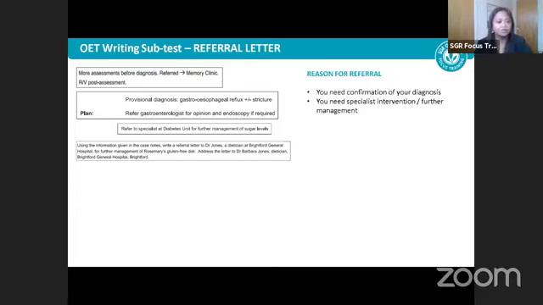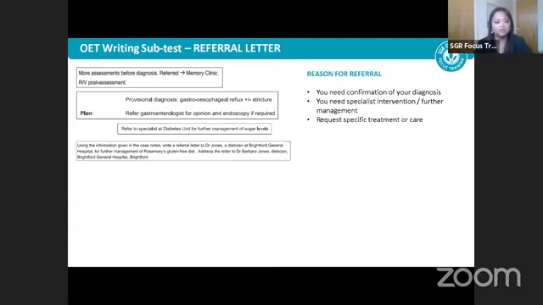So this could be a letter that is written to the specialist at the diabetes unit for further management of sugar levels. In this instance, a referral to a dietitian for further management of a gluten-free diet.